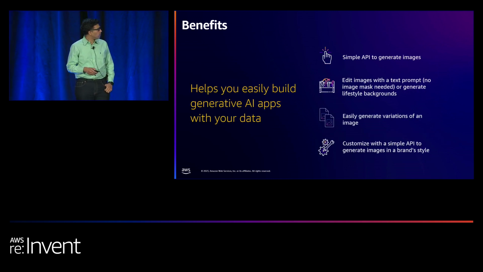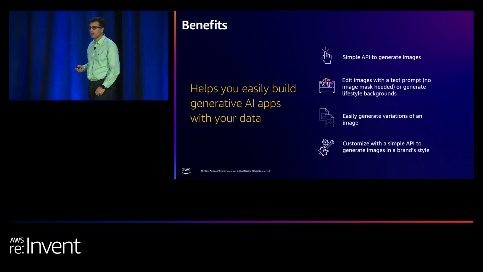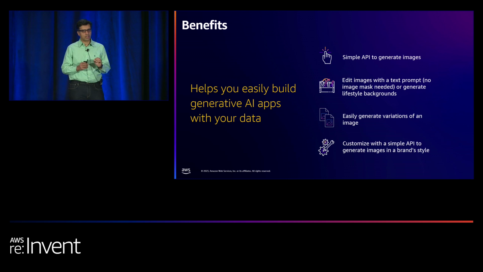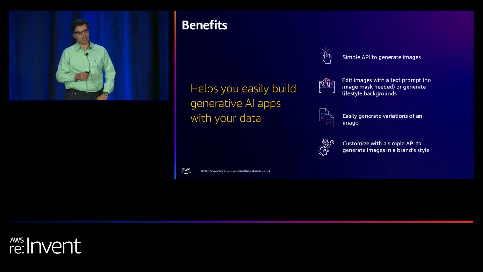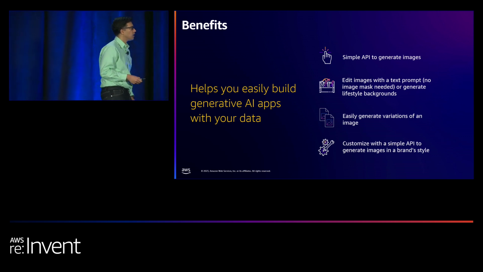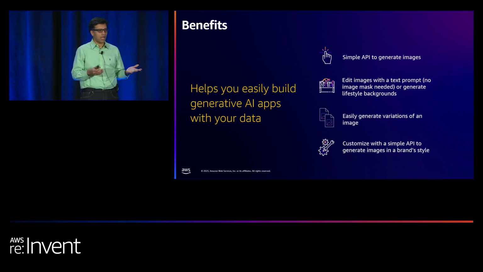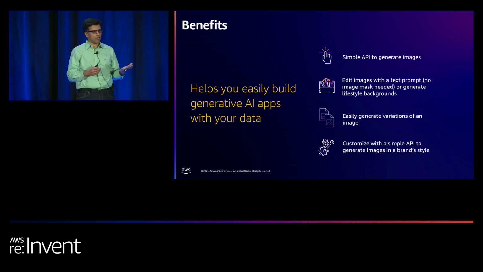In terms of building the applications itself, just like everything in Bedrock, we try to ensure that we have the right tools, right APIs, and customers, you guys, are able to call the APIs to generate the applications itself. So we provide a simple API for image generation. It takes a text prompt as an input, generates an image, and as you are seeing in the playground, you have the option to select different resolution images.